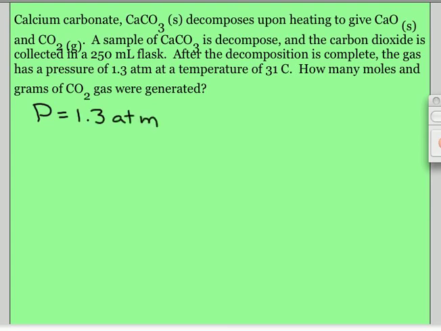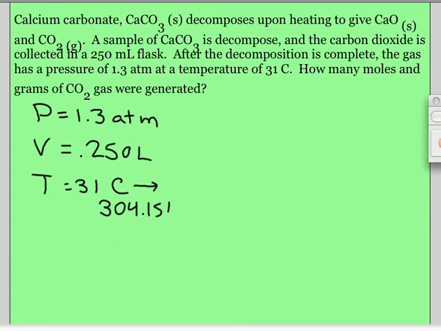Our volume is 250 milliliters, but we want that in liters, so we divide by 1,000, and we get 0.250 liters. And they tell us our temperature is 31 degrees Celsius, or 304.15 Kelvin. So the question is how many moles, and then from there, how many grams of CO2 are there?